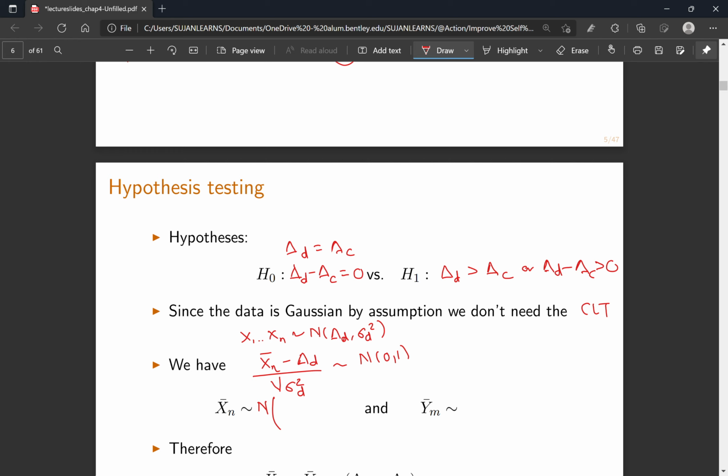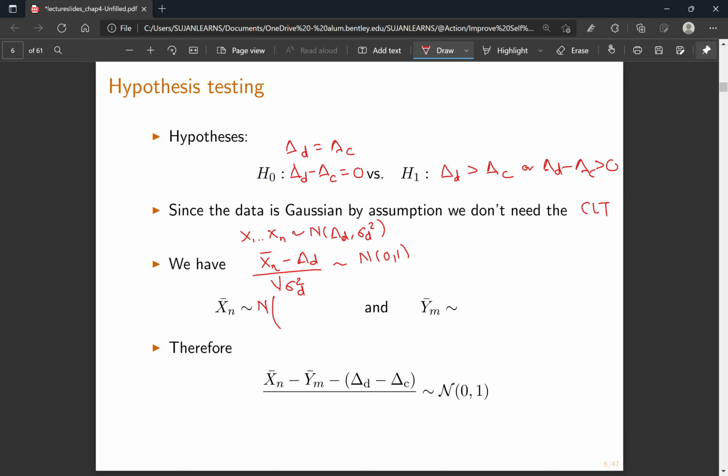Before we do that, let me do more calculation because it needs more calculation here. We can multiply by the square root of sigma squared D on both sides.